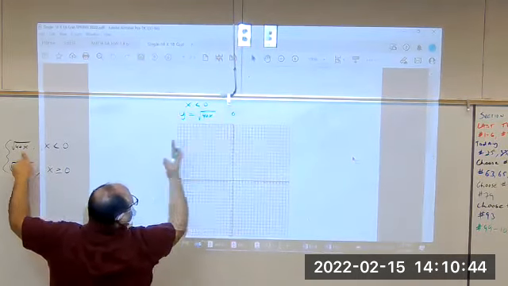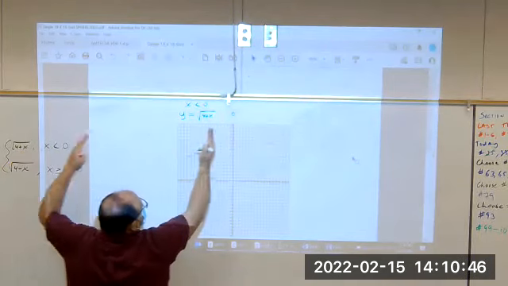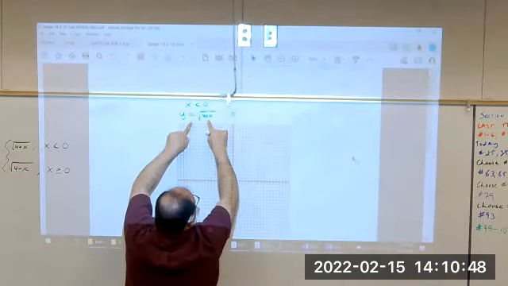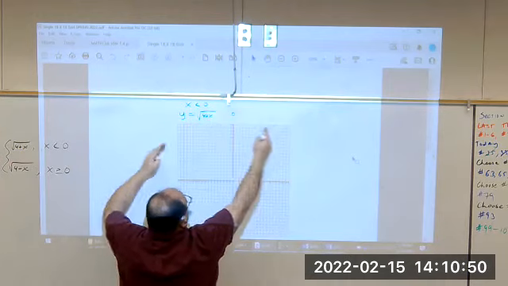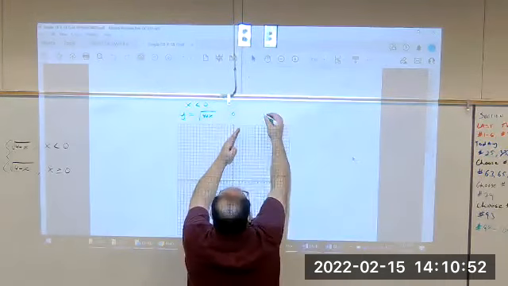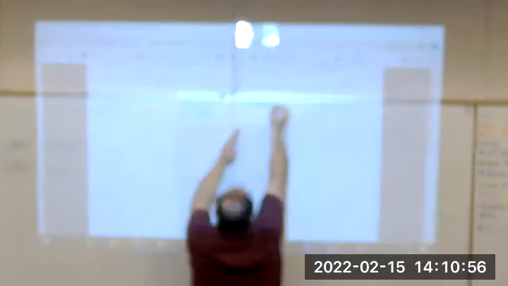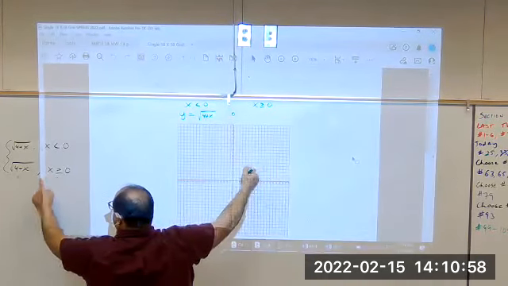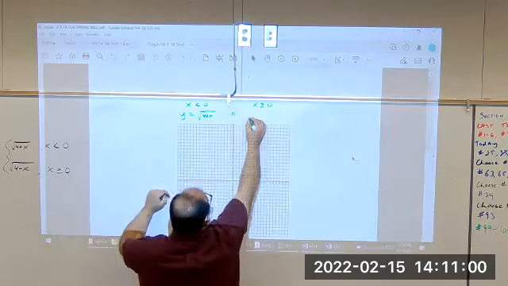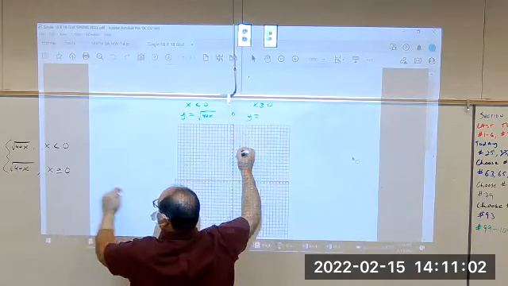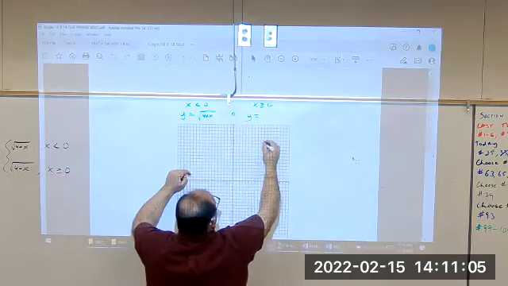So when you're on the left-hand side of 0, you're plugging it into this first piece. On the right-hand side of 0, when x's are greater than or equal to 0, you're going to use y is equal to the square root of 4 minus x.